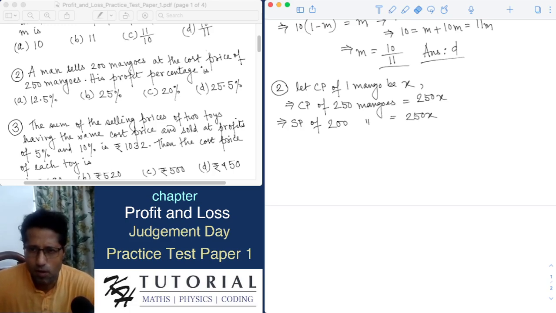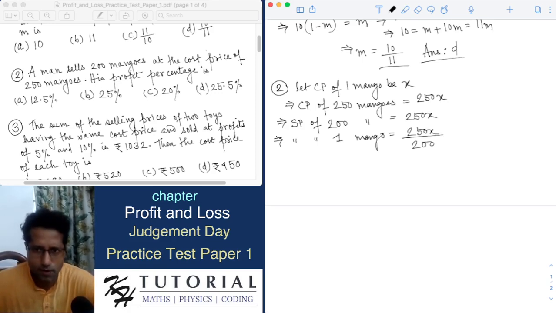Now, we have the selling price of 200 mangoes is equal to 250x. So this implies selling price of one mango is 250x divided by 200.